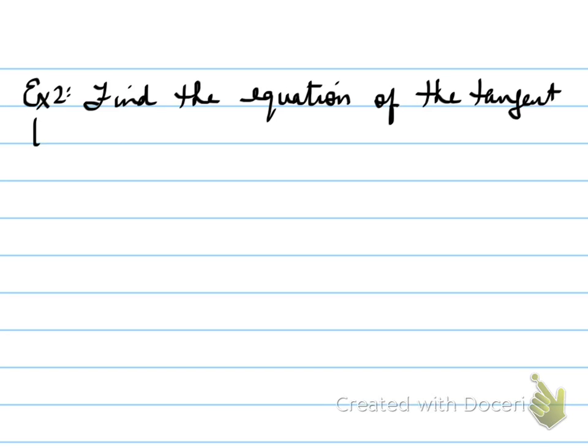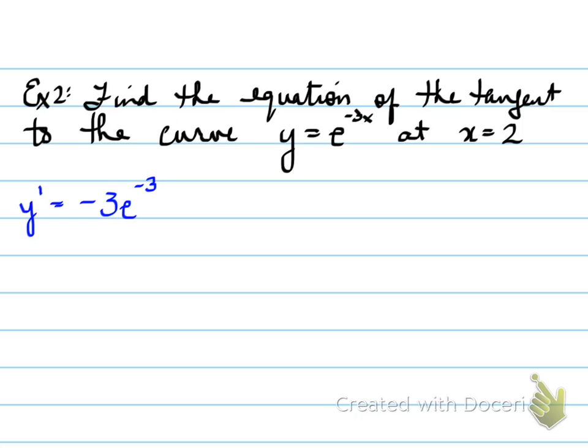Example number 2. Find the equation of the tangent to the curve y equals e to the negative 3x at the point x equals 2. How do we do that? Well, find the derivative first, and then substitute the value 2 for x, and you get y prime equal to negative 3 e to the negative 6.